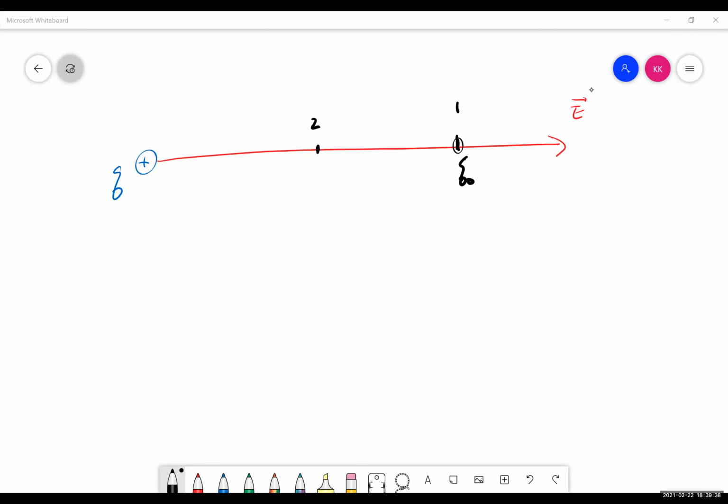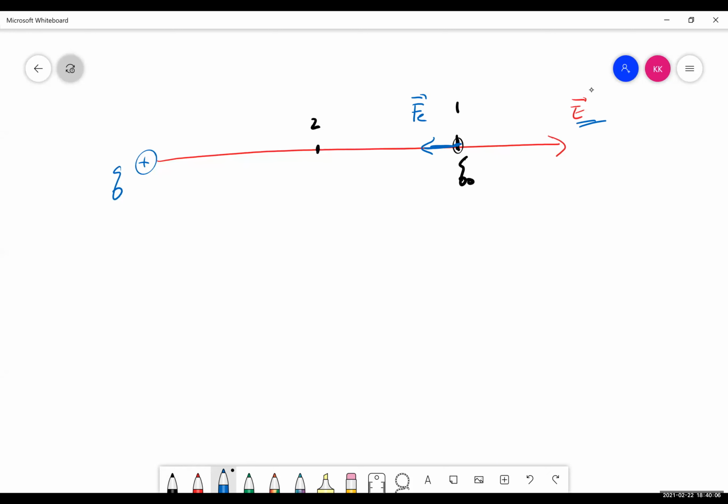So then work done, since there is going to be an electric force acting in this direction. So let's say this is the electric force. Because there's an electric field, you place a test charge over there at point one, there's electric force. Now let's say this is a negative charge, so electric force is in the opposite direction of the electric field. That means the electric force is going to make the object go from point one to point two.